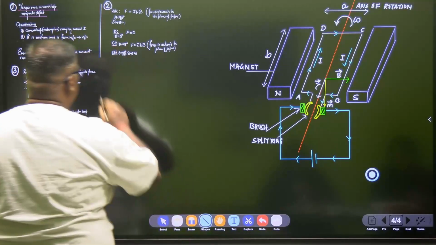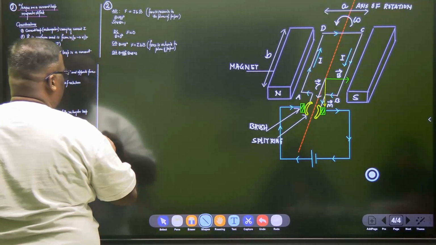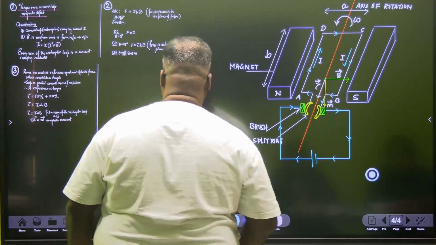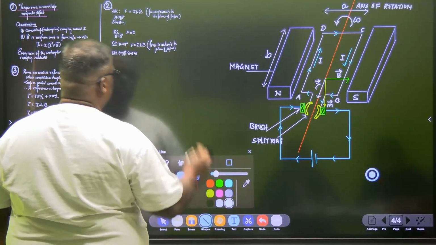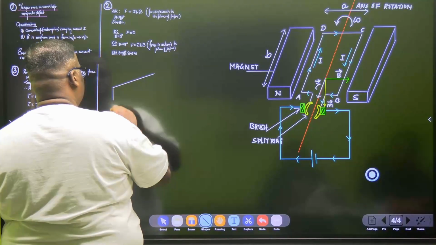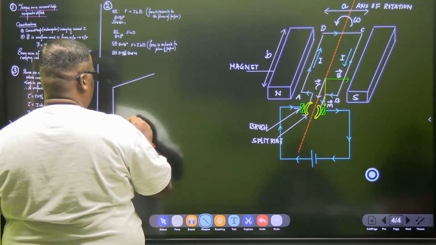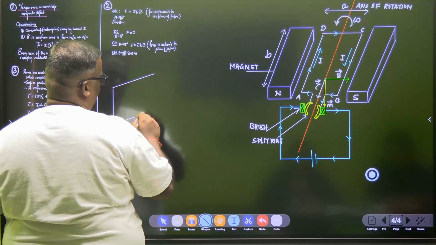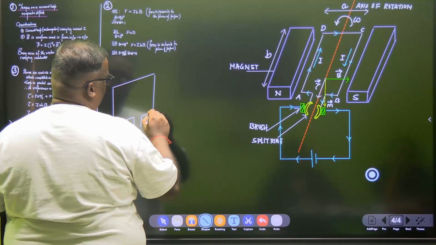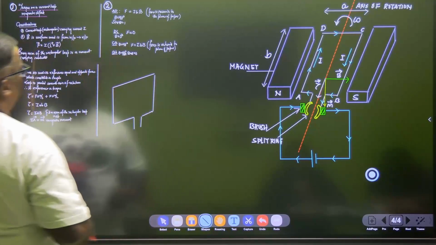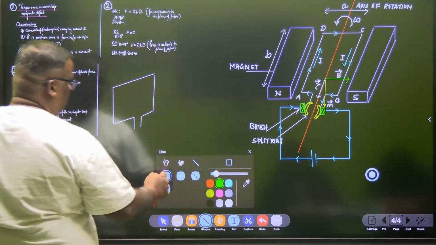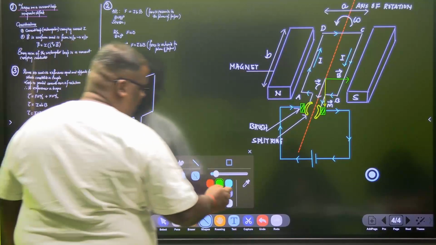So let's see our general case derivation. We have to make one more diagram, a small one. Imagine this is your coil, and on these sides you have your magnets.